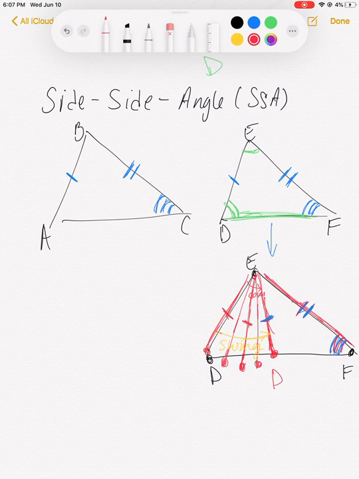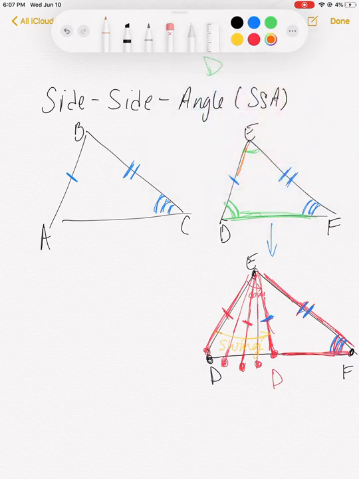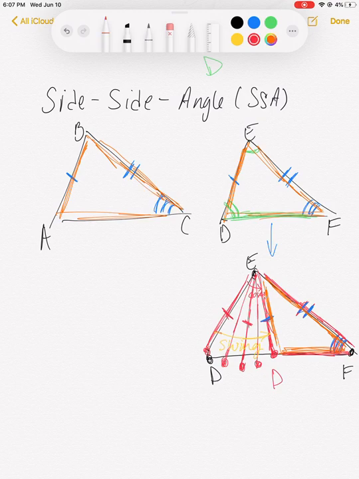But what we've done is we've created another triangle here. Okay, so I'm going to highlight that in orange. This is our DEF here. We've moved it to become this DEF, and notice that it is a different triangle with the same correspondences as your ABC. So this is not a valid congruence test, because I've created the counterexample triangle.